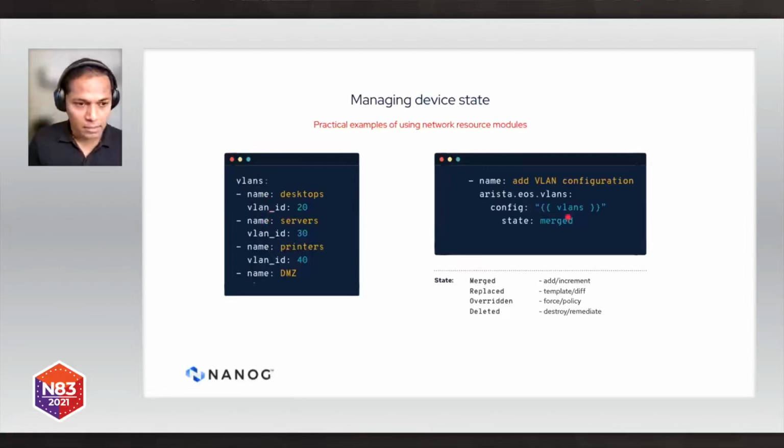This module converts these names and VLAN IDs into CLI commands. And there are a bunch of states provided for ease of management. The states are merged, replaced, overridden, and deleted. Merged is to add incrementally onto the device. Replaced is to do a template diff. Overridden is if you want to force a policy on the device. Deleted is to destroy, or if you want to remediate something.